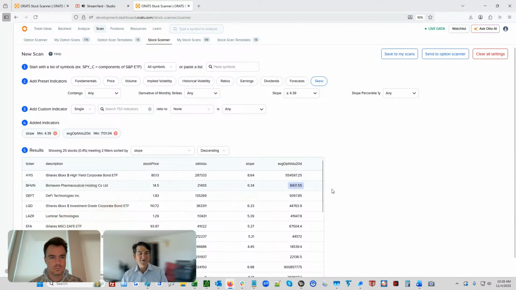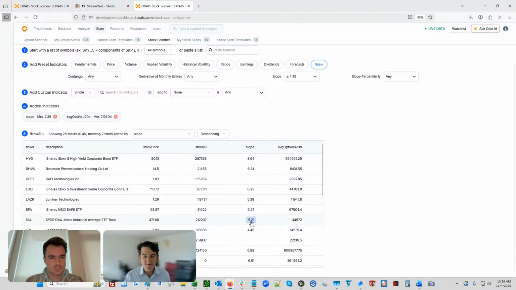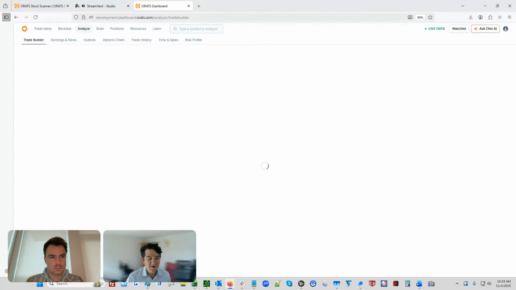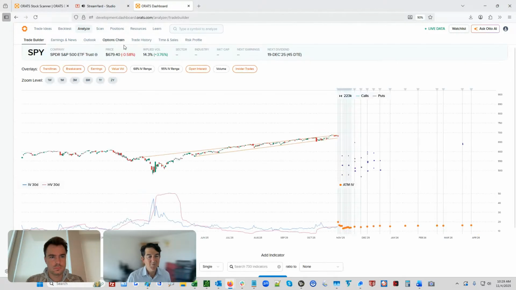So HYG is the steepest. EFA is pretty steep. Diamonds are steep. And there's SPY. The SPY is at 7%, which is typically quite steep for the SPY. And we could add slope here.